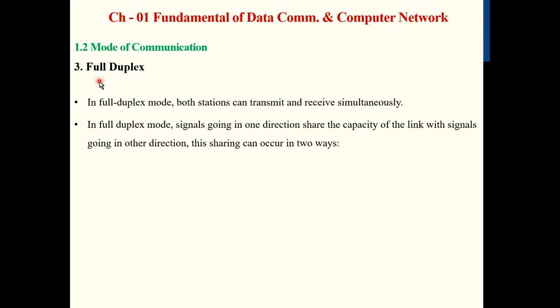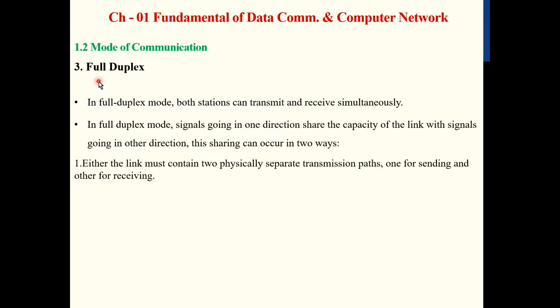This sharing can occur in two ways. The first way is that the link must contain two physically separate transmission paths, one for sending and the other for receiving. The second way is that the capacity is divided between signals traveling in both directions.